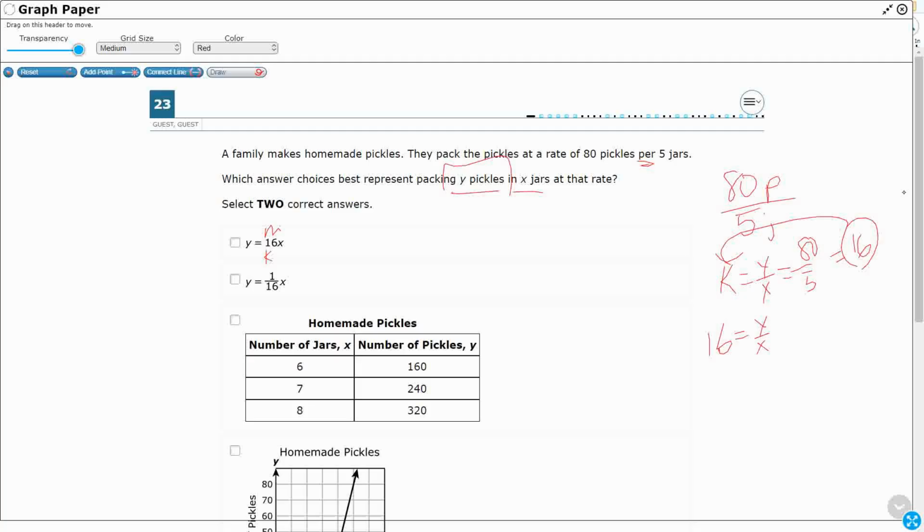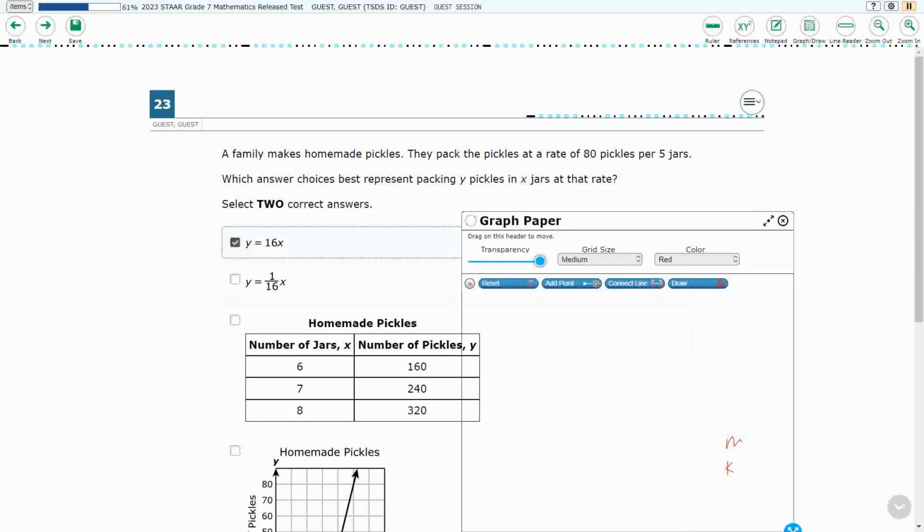And if I wanted to separate out or isolate that y, right, we could multiply both sides by x. Right, that's going to cancel that out. That's going to be y equals 16x. Or the way they have it is, y on the left. That's going to work. That's what that constant of proportionality does for us. That's our rate of change. So that first option is good.